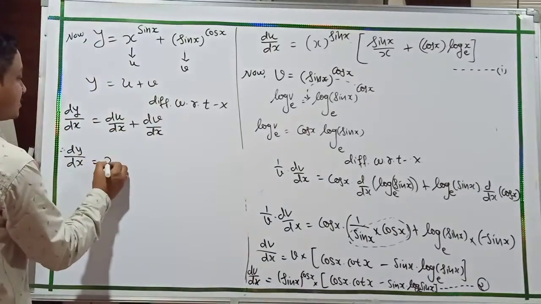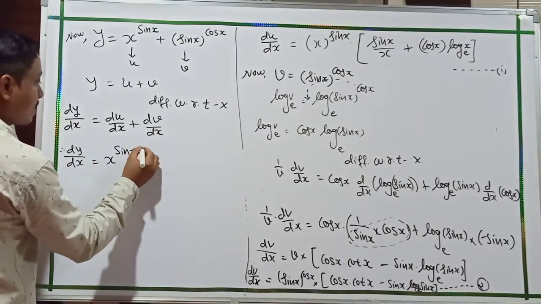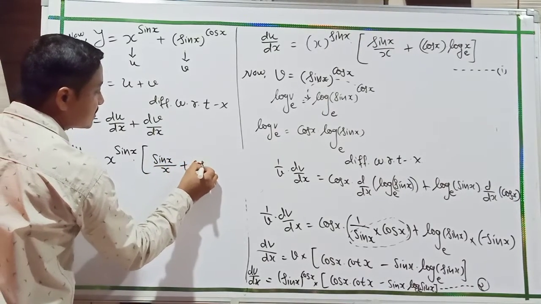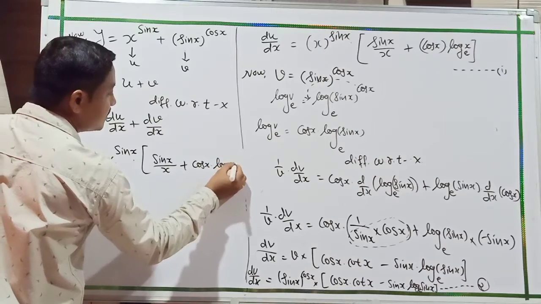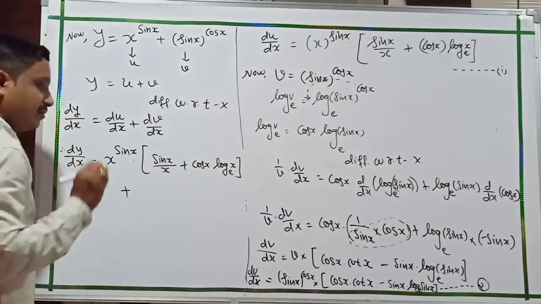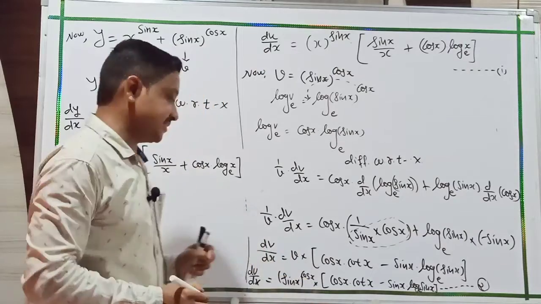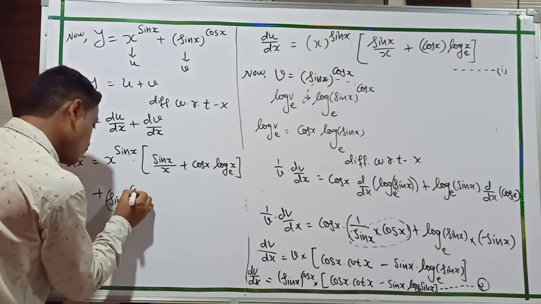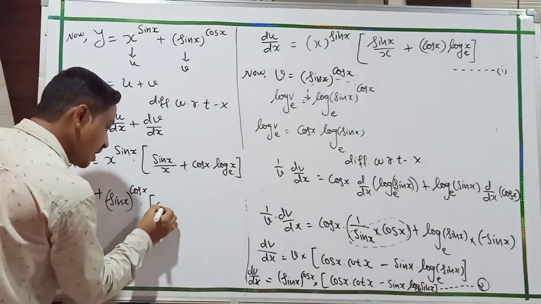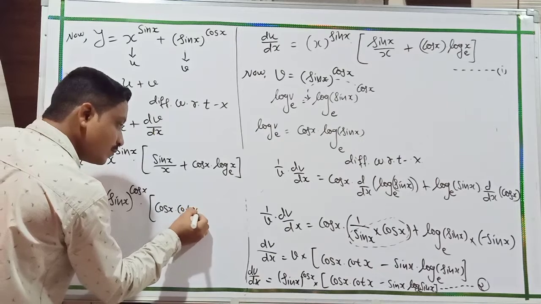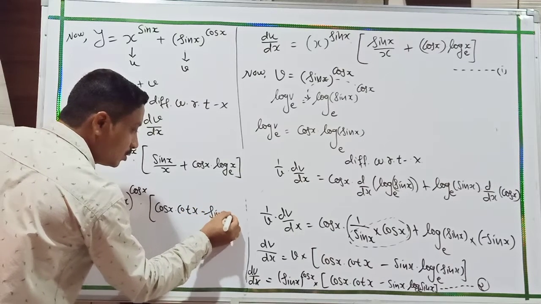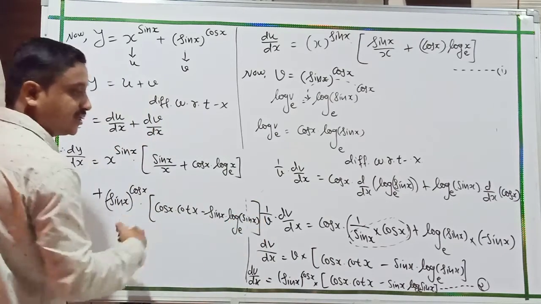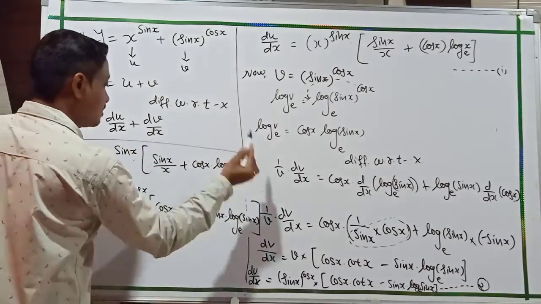So my value is x raised to sin x into sin x by x plus cos x into log x base e, plus dv by dx, it means this answer: sin x to the power cos x into cos x into cot x minus sin x into log of sin x to the base e. And here finally, students, you are done and this answer is over.